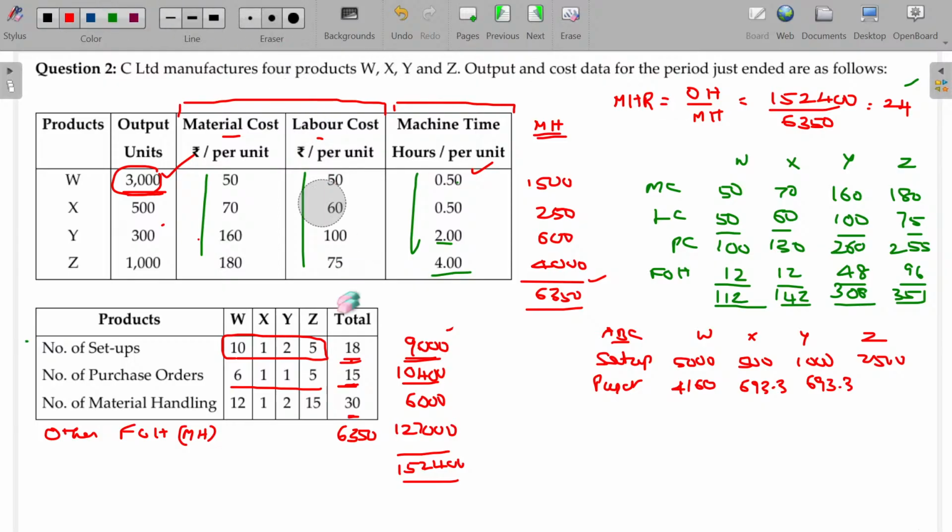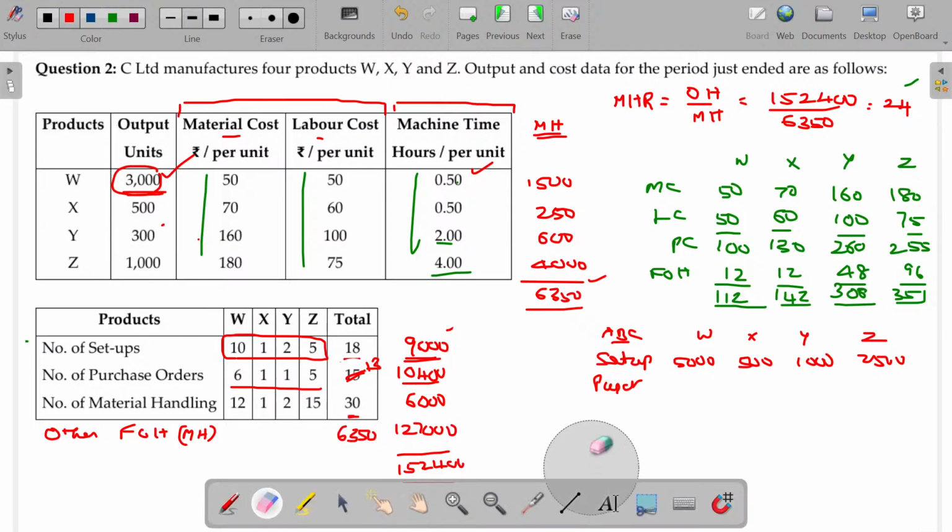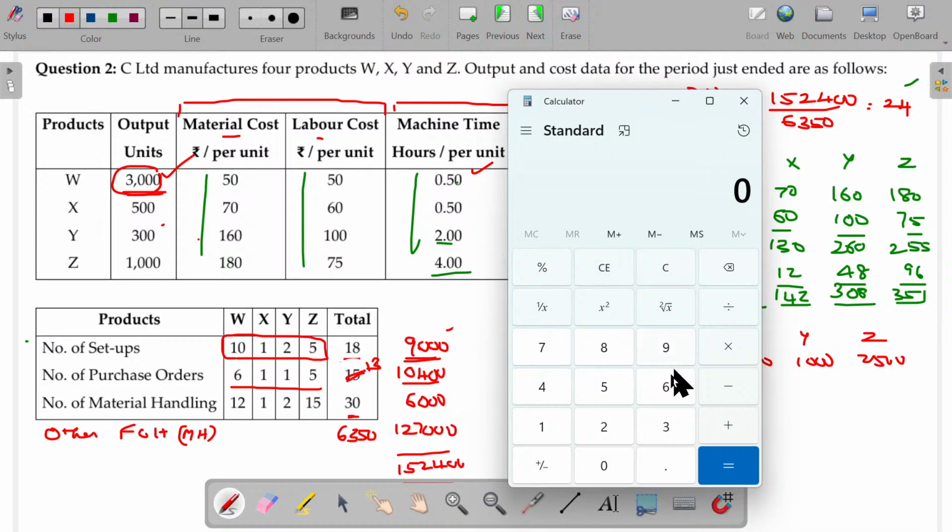So the total is 13. Okay. This one is 13. Yeah, correct here. Okay, thank you. So now we are playing with the calculators.